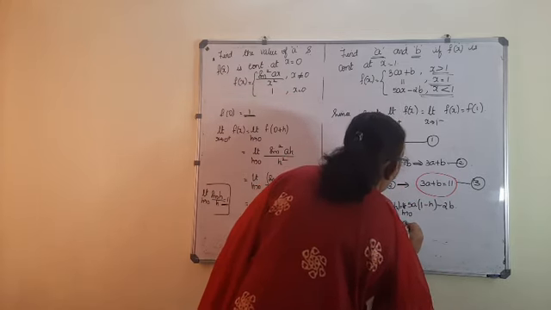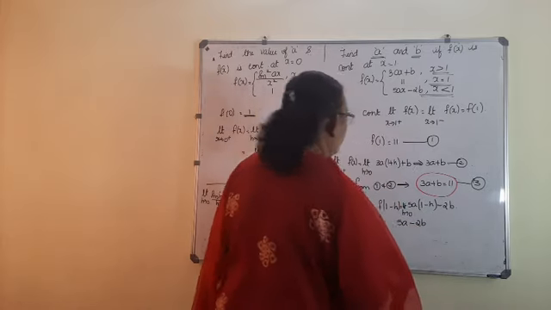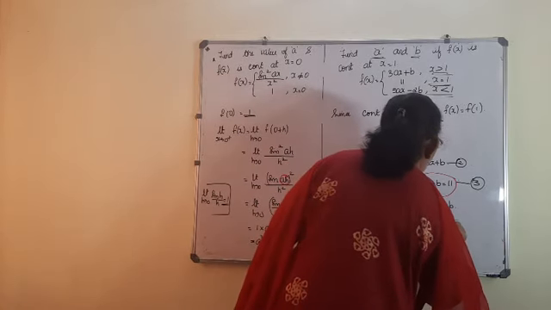That is 5a minus 2b. Mark that as equation number 4.